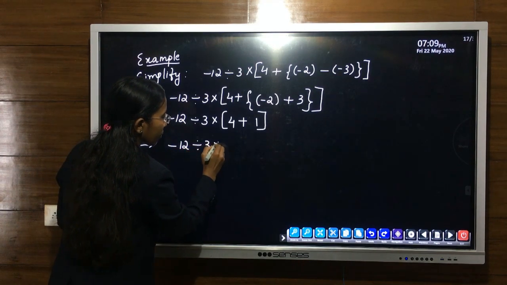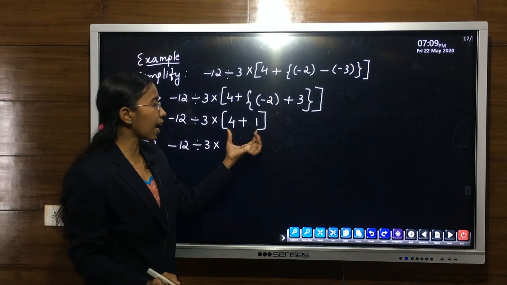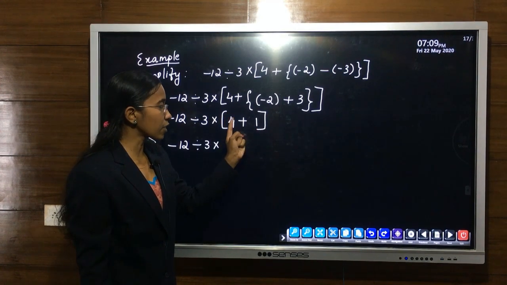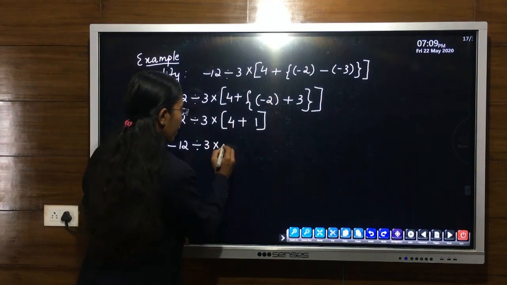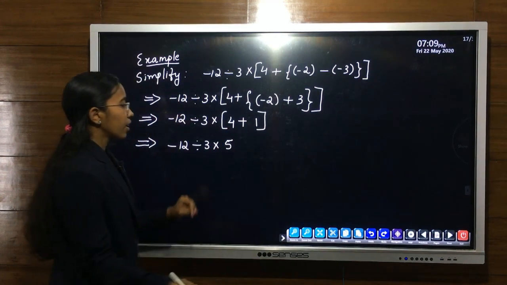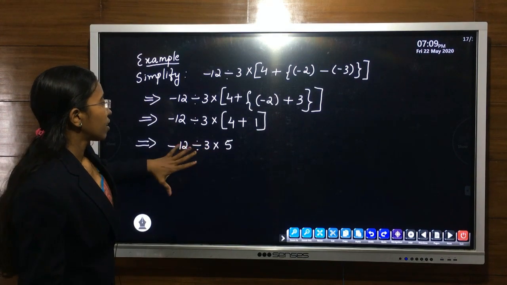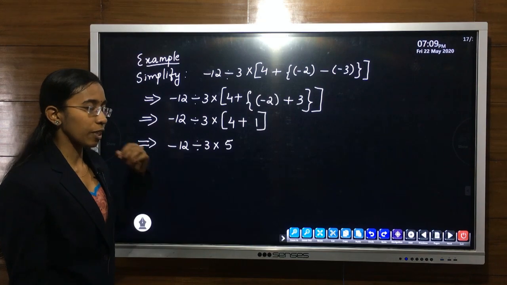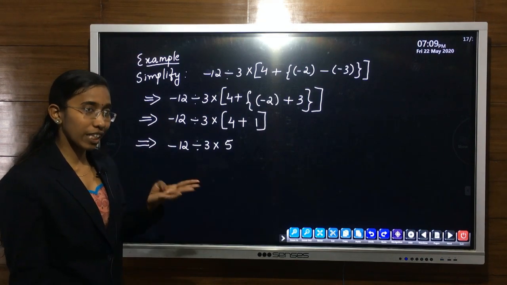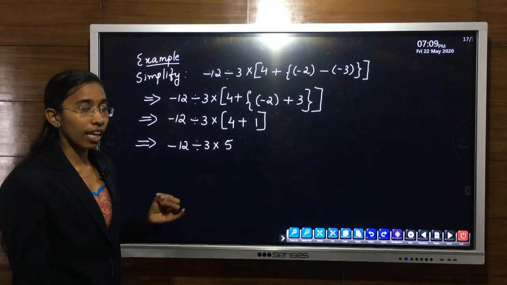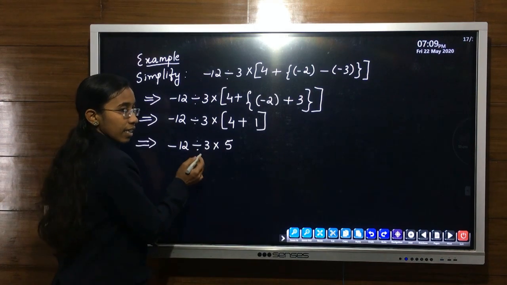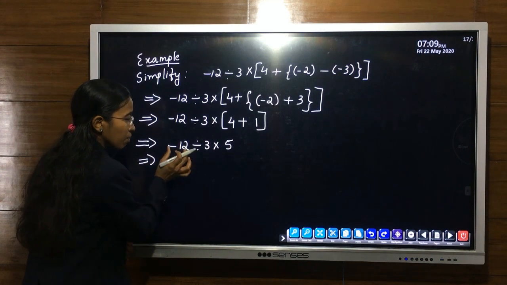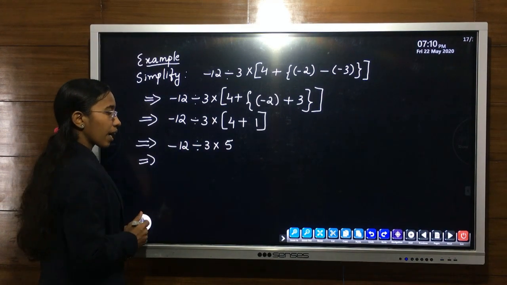Again, minus 12 divided by 3 into. Now we are solving this. Last bracket is square bracket. So we are solving this bracket. What is 4 plus 1? 4 plus 1 is 5. Okay. Now in this step, there are no brackets. Okay, so in BODMAS, B means bracket of division, multiplication, addition and subtraction. So here next we are doing division. Here is one division. So what is minus 12 divided by 3?